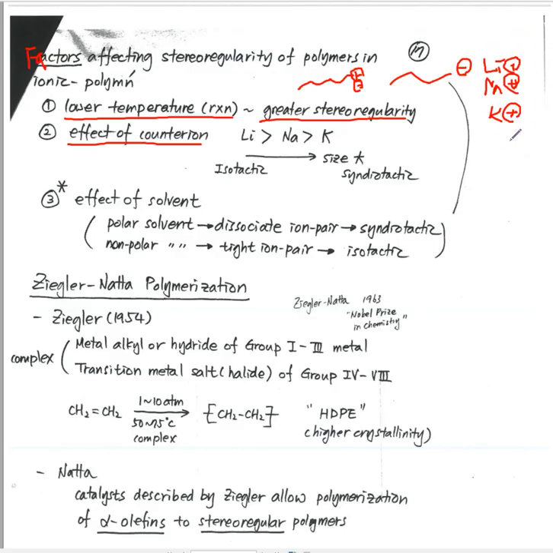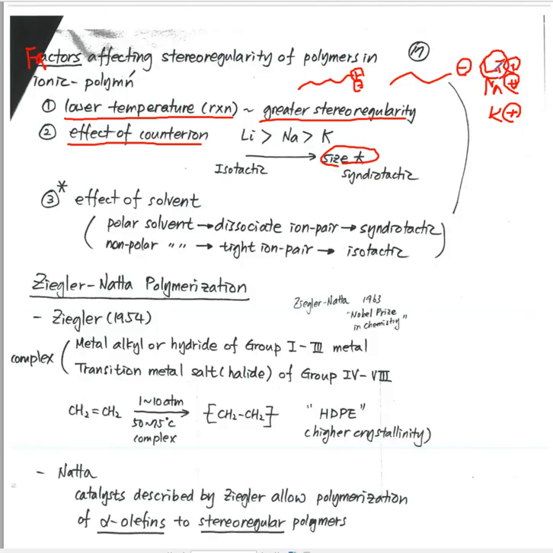And if there are three different counter-ions: lithium plus ion, sodium, or potassium. All these three are alkali metals with the same charge, +1, but the sizes are different, right? Lithium is the smallest, then larger, and the largest one is potassium. Because of the size, and with the same charge, +1, lithium has the largest charge density.